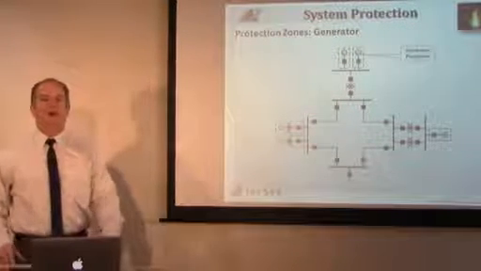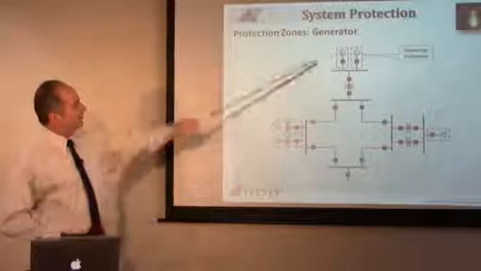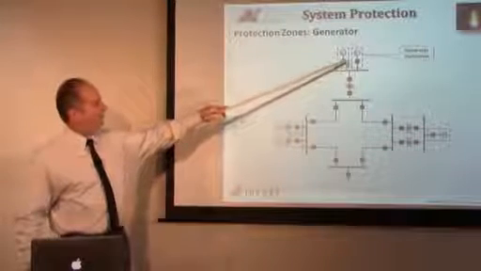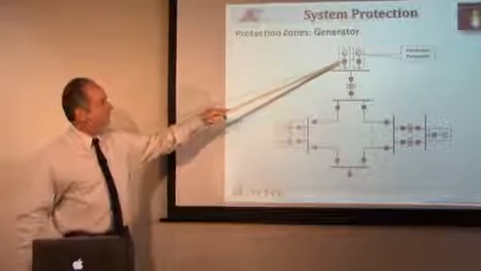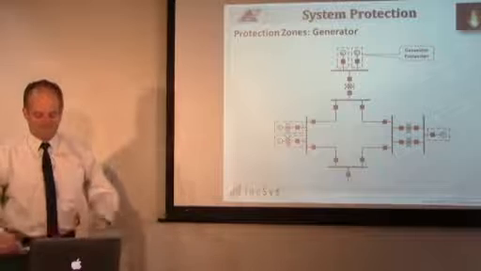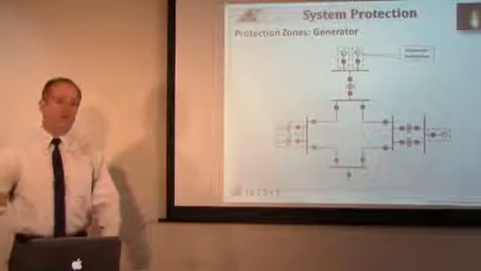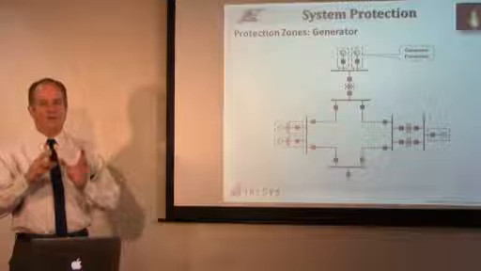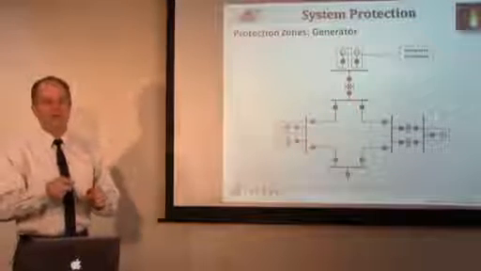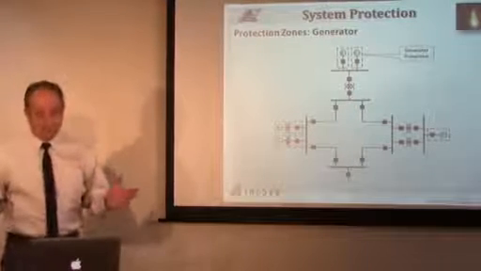First of all, let's talk about the generator. Generators have zones of protection where there's circuit breakers. If there's a problem with the generator, many different things. It could be a field to ground short. The field is in the center on a rotor, but if there's current going from the rotor to ground, obviously there's a problem there.